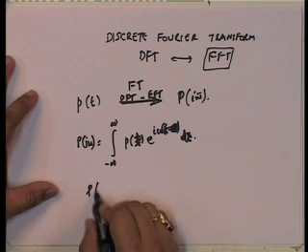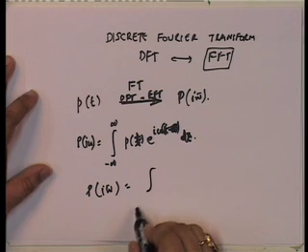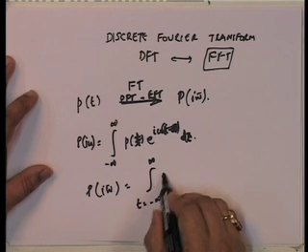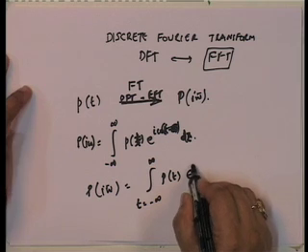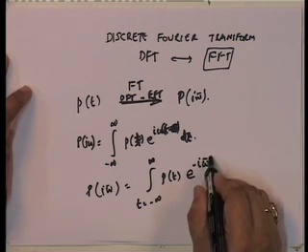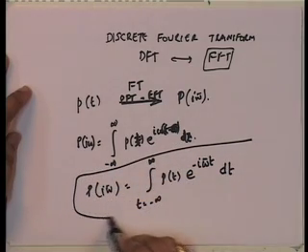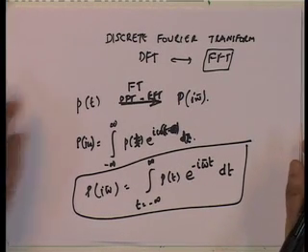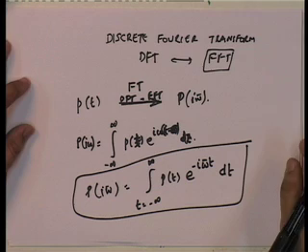So, essentially again I am going to rewrite this: P(i omega bar) is equal to the integral over t going from minus infinity to infinity, P of t e to the power of minus i omega t dt. This is the frequency domain representation of the load.